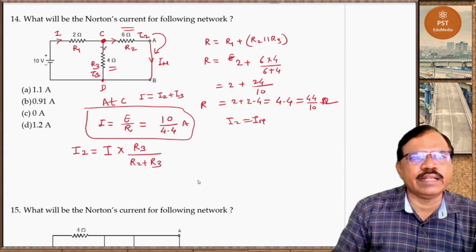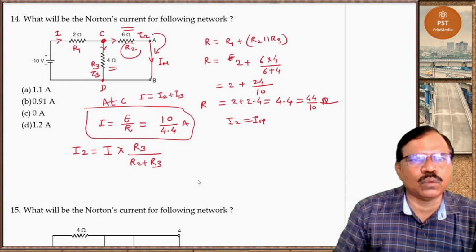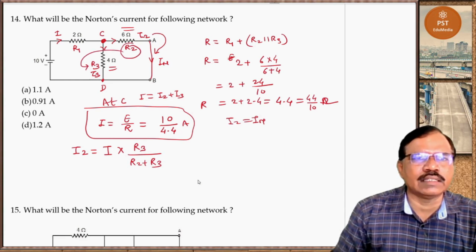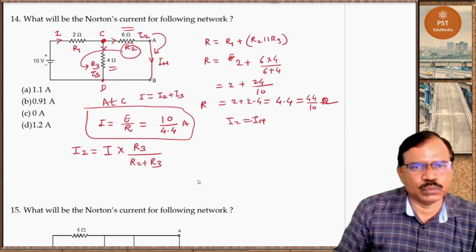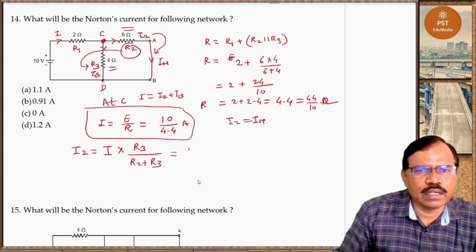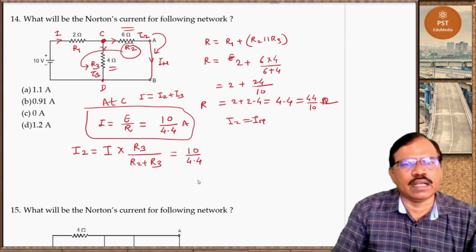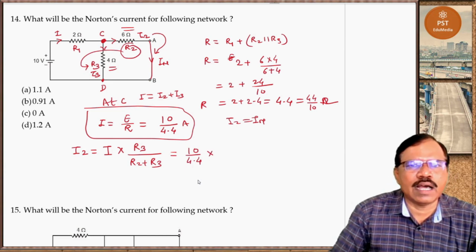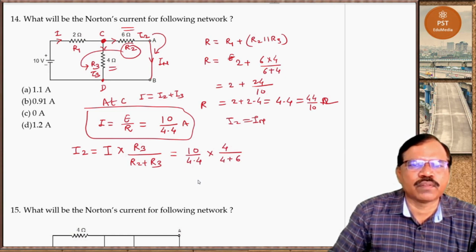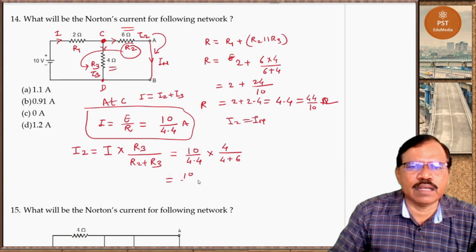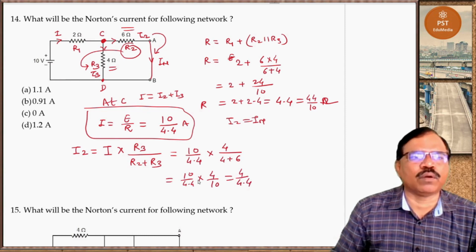When we want to find current through R2, use resistance R3 and then the addition of these two. So here we have 10 upon 4.4, that is total current, into R3, that is 4 upon 4 plus 6. So we get 10 upon 4.4 into 4 upon 10, so it is 4 upon 4.4.